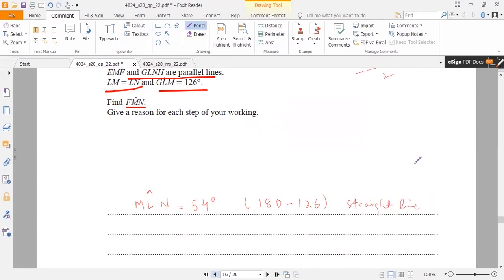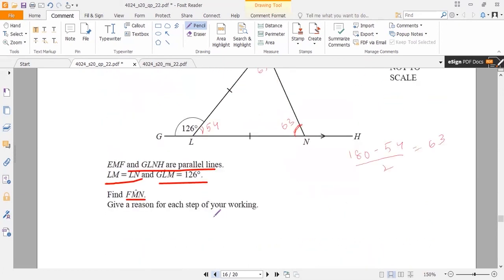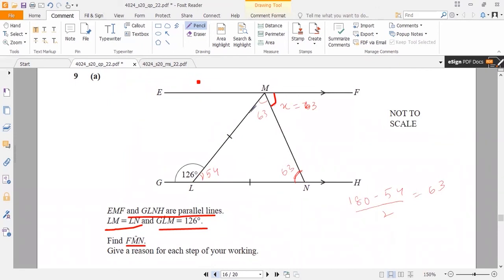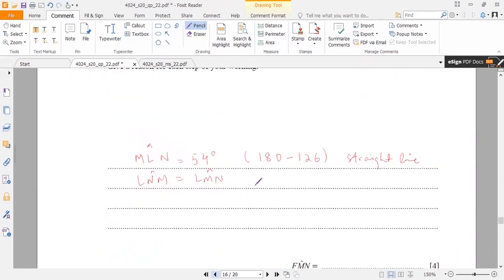Then we can say that LNM is equal to LMN. What does it mean? These two angles are the same. LNM and LMN are the same. This is because the triangle LMN is isosceles.